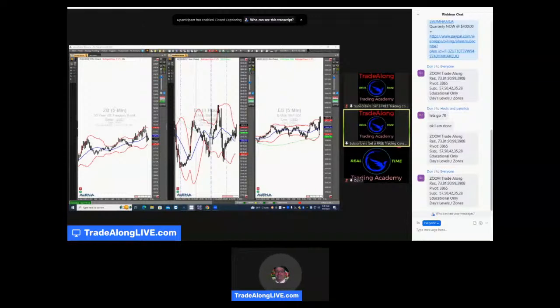Market trying to continue to uptick here. Next resistance area we have is up at the 81 area. All right, continue to rally here a little bit, looking at the 81 area.